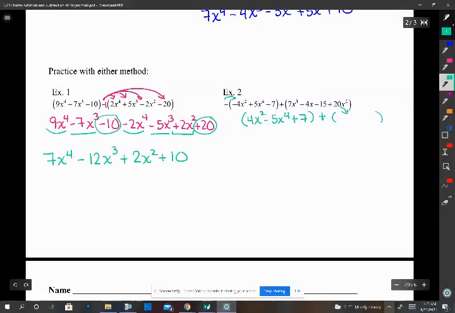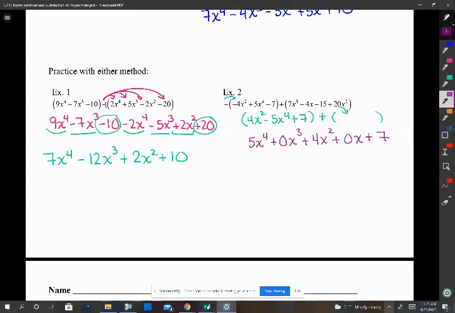So I'm going to rewrite the first one so I've got all my terms. So my biggest power is a 4. So I've got 5x to the fourth plus 0x to the third plus 4x to the second plus 0x plus 7. And I'm just holding everybody's spot because my biggest power is a 4. And I'm just going to go 4, 3, 2, 1, constant. And now I'm going to take my second polynomial and line everything up.